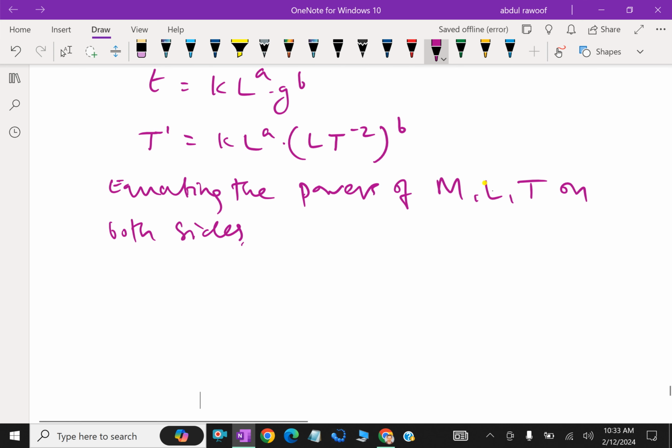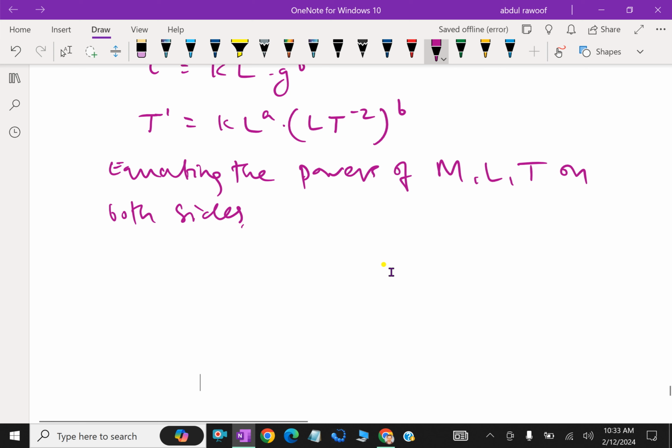Here M is not available, and only L and T. Comparing T, 1 equal to minus 2b. Since the left hand side T power is 1 and the right hand side T power is minus 2b, from this we can say b is minus half.